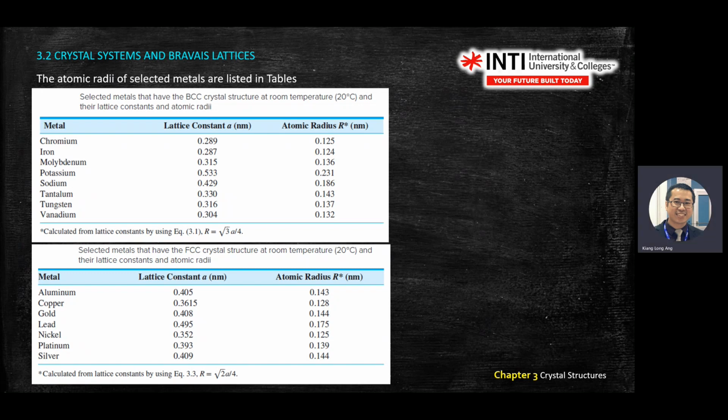Okay, so you have A, and then you have the atomic radius. Atomic radius is this one, I enlarge this one. This is atomic radius, R. Each one of them has one value. This table is important when you do analysis.